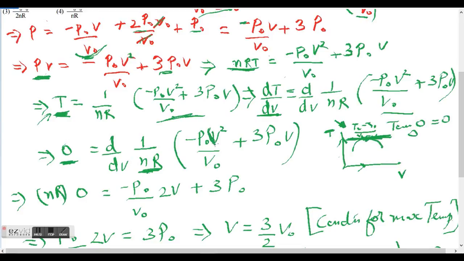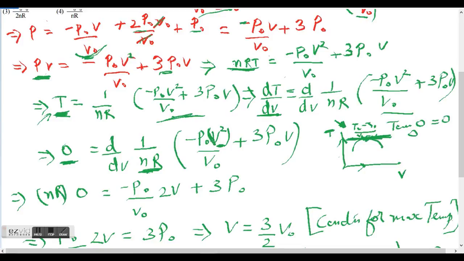I'm differentiating with respect to V squared, and P naught and V naught are constant values. They're not going to change because they represent a point on the line. The only thing that's going to change is V square.